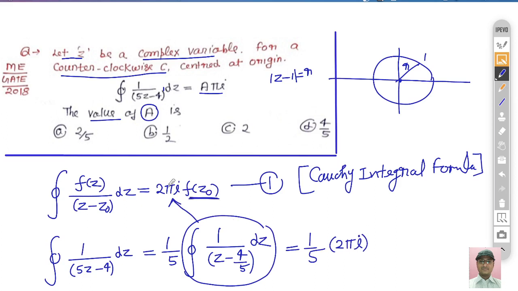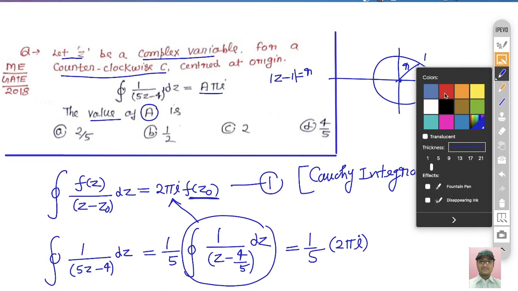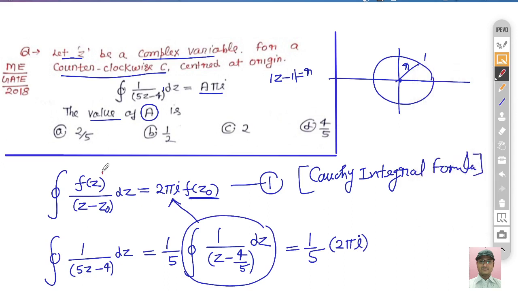Once you compare with the formula, you can see that for this case f(z) is 1. So it doesn't matter whether you put 1 or 2 or 3. Here z0 is 4 by 5, and we have to put 4 by 5 in place of z.